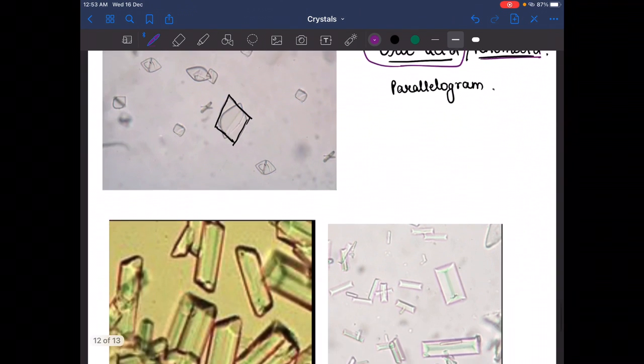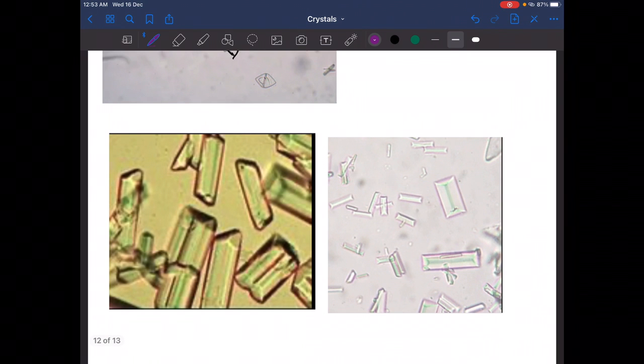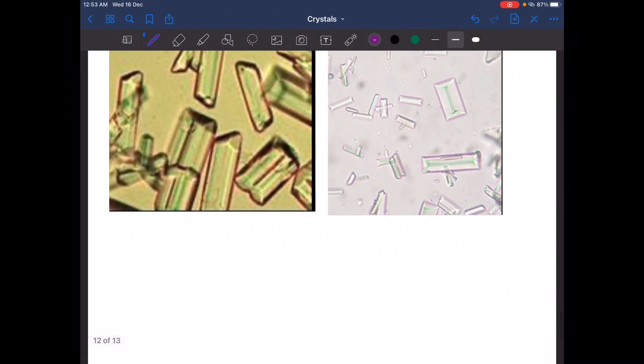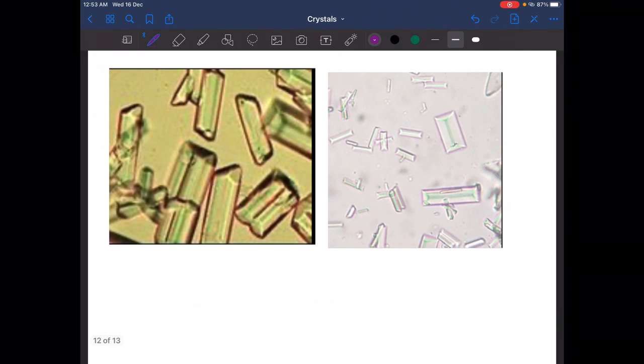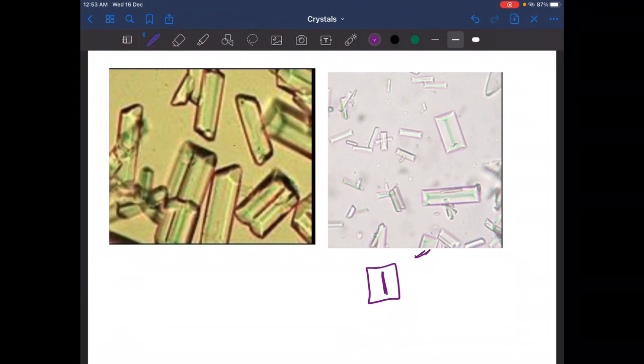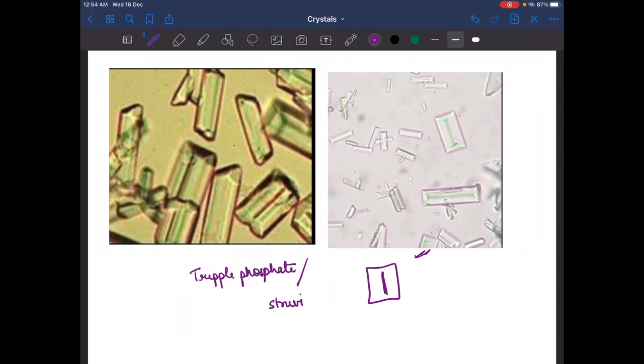So let's move to the next photo. As this photo is not so clear, I can attach it also. Here you can see that there is one line between them, so we can say these are triple phosphate, or struvite crystals.